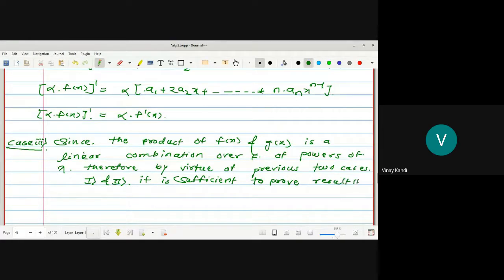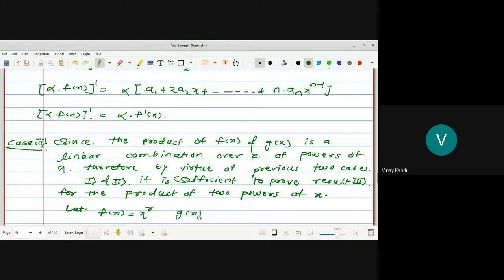Let f(x) is equal to x raised to r, and g(x) is equal to x raised to s, where r and s are positive integers.